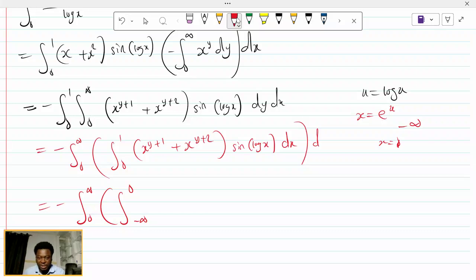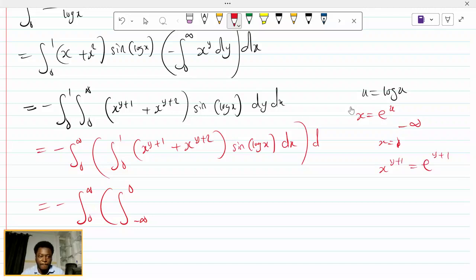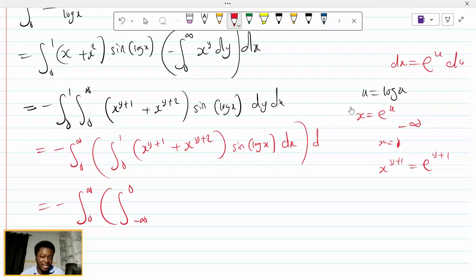But let me see. Which x is e to the u. So x to the y plus 1 would be e to the y plus 1, obviously. But you have to observe something here, that when you take dx, it will be e to the u du. So from e to the y plus 1, we will have an extra e to the u.